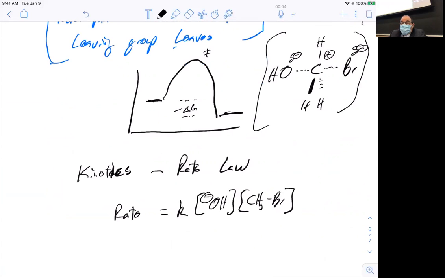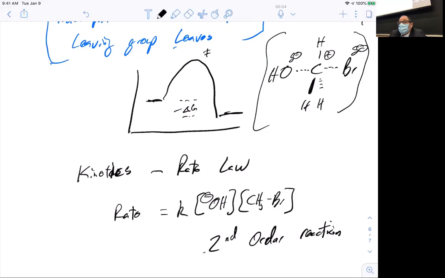So is this a first order or second order reaction? How many things are involved in the rate determining step? Well, there's only one step, right? So therefore, both things are involved in that one step. So therefore, this is a second order reaction. If I change the concentration of the hydroxide, the reaction will go faster.